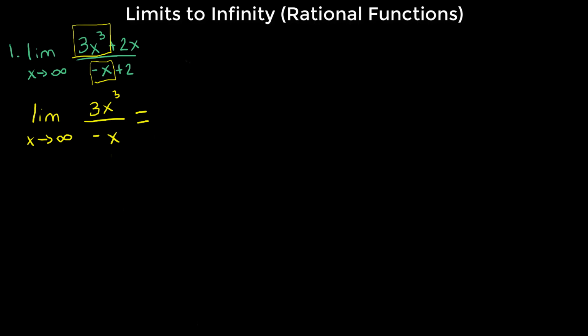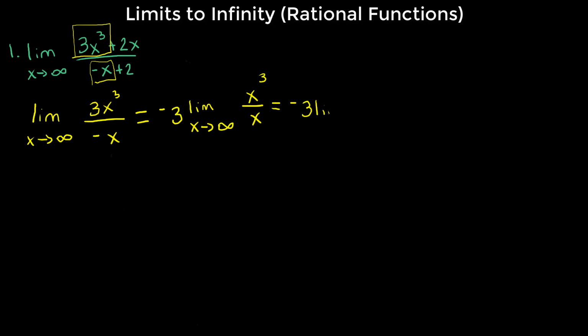The negative 1 on this x is also a constant, and 3 divided by negative 1 is just negative 3. So this is equal to negative 3 times the limit as x approaches infinity of x cubed over x. I'm sure we can see a simplification here: x cubed over x is just x squared. So this is, again, the limit as x approaches infinity. Oh, whoops, I forgot that negative 3. Don't let me forget that.